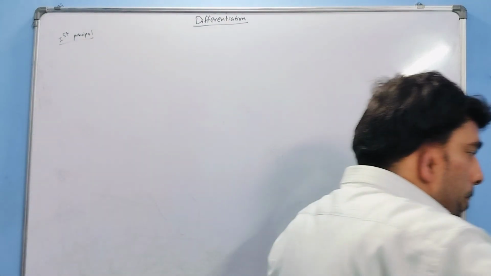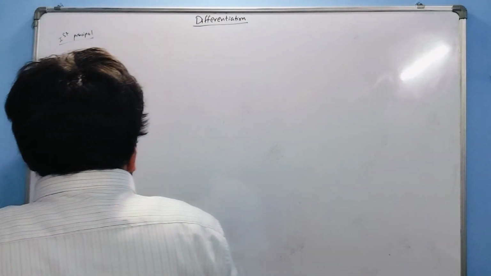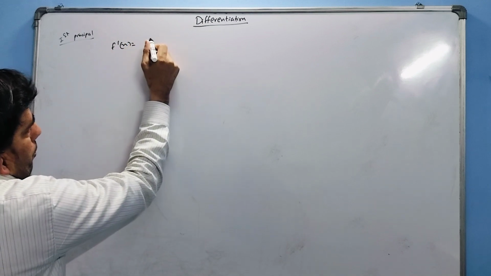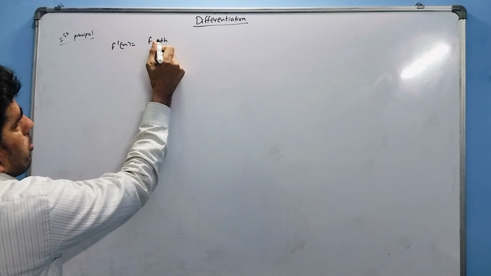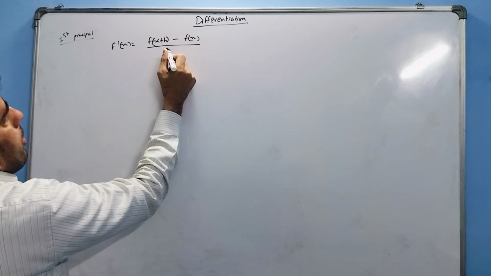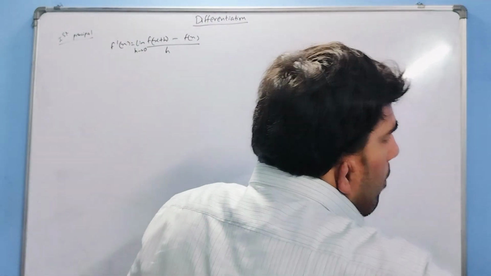What does the first principle say? f dash x is equal to limit h tends to 0 of f of x plus h minus f of x upon h.